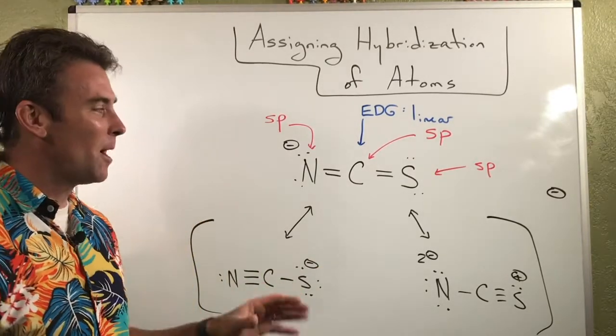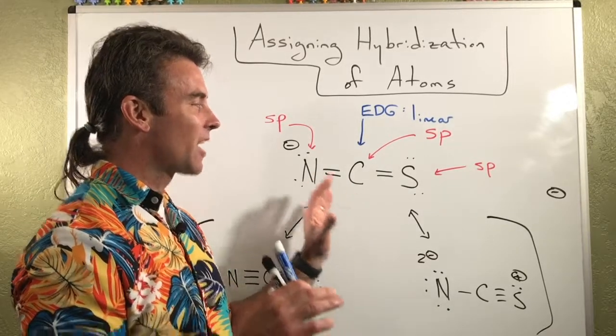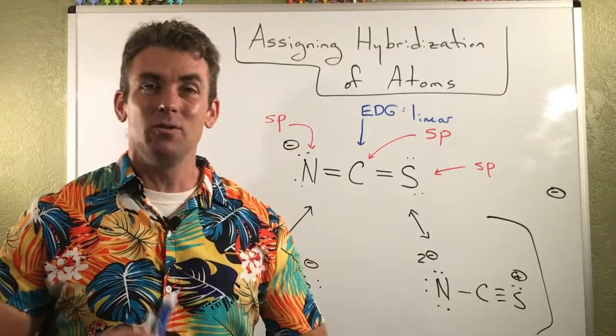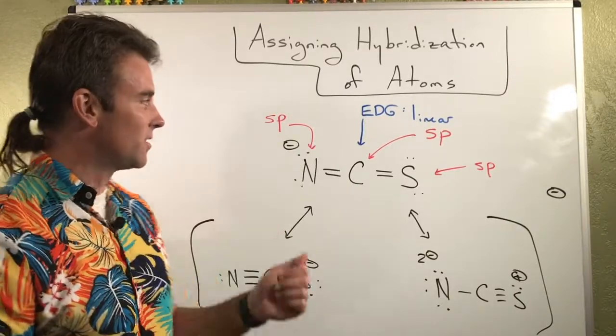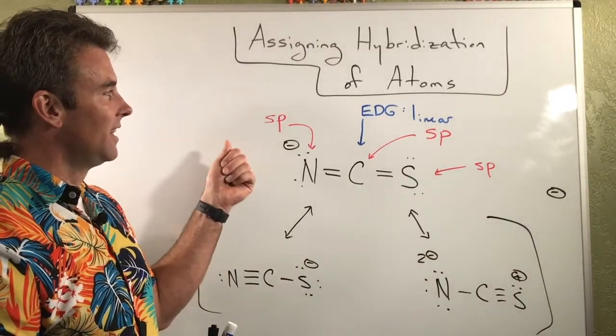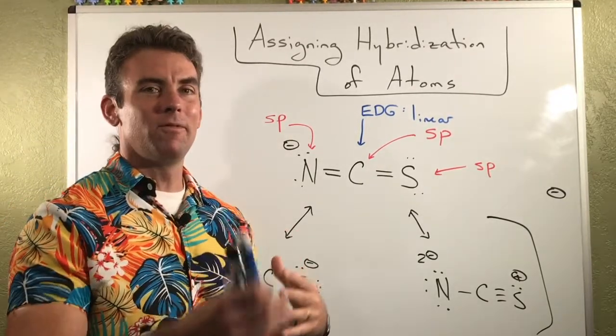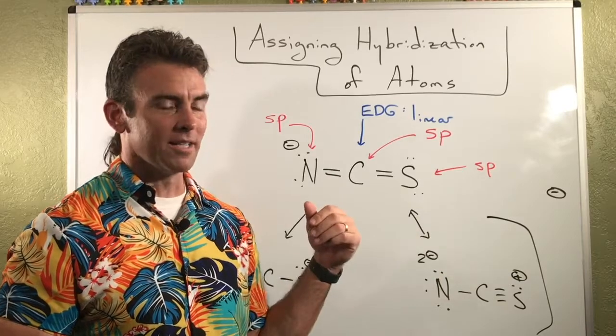So just to not confuse the hell out of you, I say, once you've gotten good at resonance, and you see something that's got a bunch of different resonance forms, just go with the least amount of p's to allow yourself the existence of different multiple bonds.